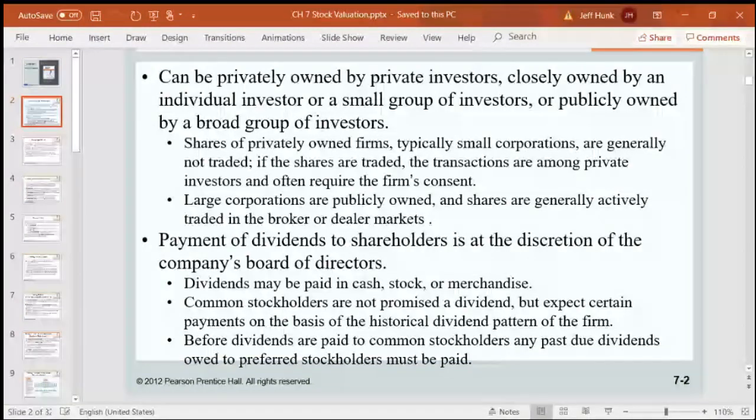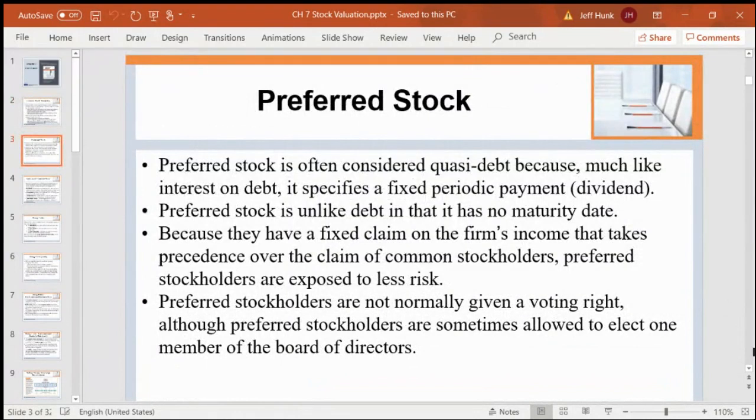So the question is then what is the preferred stock? Okay, we understand what preferred stocks are. Preferred stock is often considered quasi debt. Quasi means almost debt, because much like interest on the debt, preferred stock pays fixed periodic dividends, right? So remember, dividend depends on the profit, right?